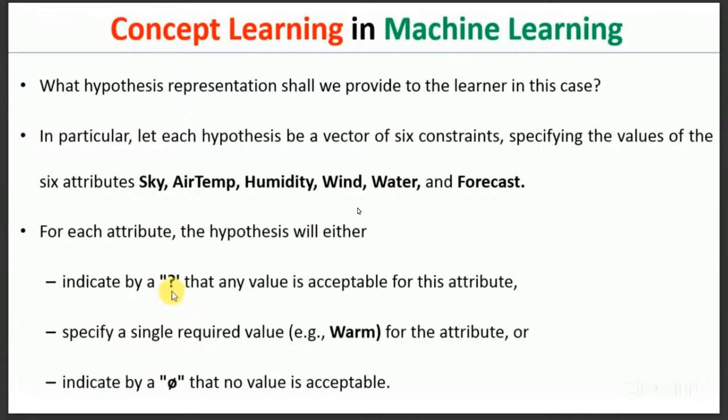A question mark indicates that any value is acceptable for this attribute, that is, for the column value. If any value is okay, I will represent it with a question mark. If only a fixed value is accepted, I will put that value. Null indicates that no value is acceptable.